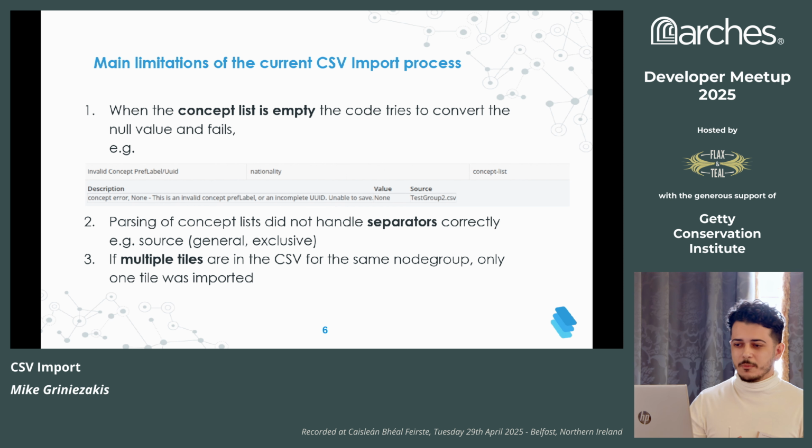Secondly, there was a problem with handling the separators and delimiters in the CSV file. In our concepts, we have some concepts that may have a comma inside them, as in CSV. So when the system tried to break the concept list into concepts, it broke them at the commas, so the concept was invalid and didn't find anything.